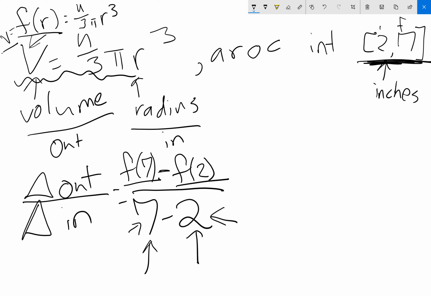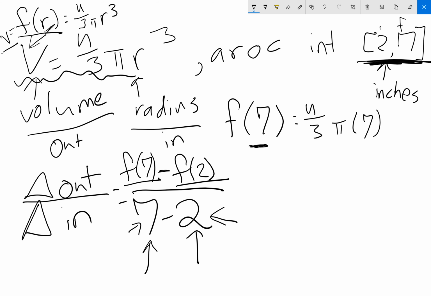And we've done this before already, right? So f of 7, wherever we see an r, we're going to put a 7 instead. So equals 4/3 pi 7 cubed. F of 2 is 4/3 pi 2 cubed.